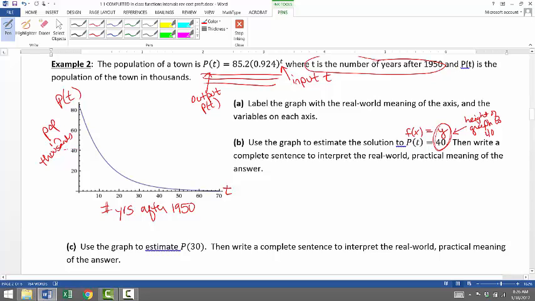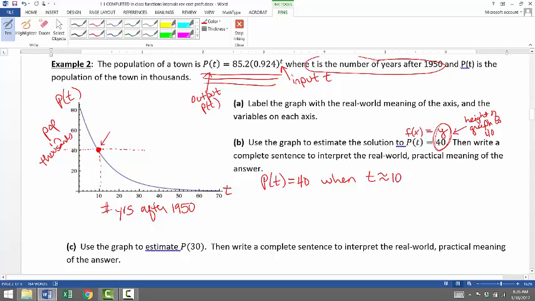I'm going to draw just a little horizontal dashed line over at a height of 40. I see that my graph, P of T, will hit a y value of 40 approximately there, and we're estimating, looks like that happens at about T equals 10. So P of T equals 40 when T is approximately 10.